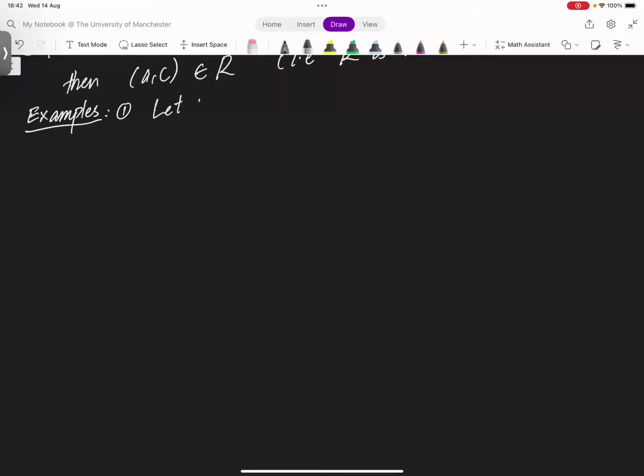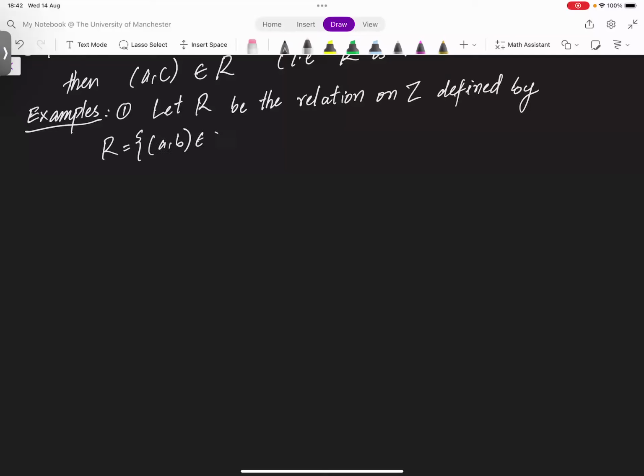We have a relation R on the set of integers defined by (a, b) inside Z cross Z, given that a minus b is less than or equal to 0.